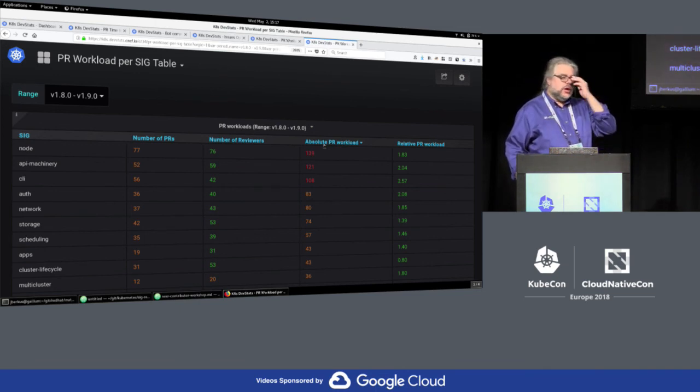In that case, I jumped into those two SIGs and said, by the way, you have a lot of open PRs right now. Do you need help? In the case of SIG CLI, the answer was yes, and so I got one of the Kubernetes founders to help them out with clearing out PRs.